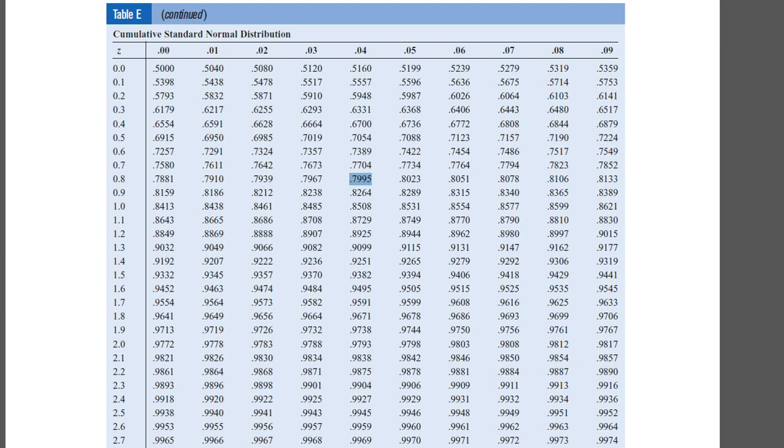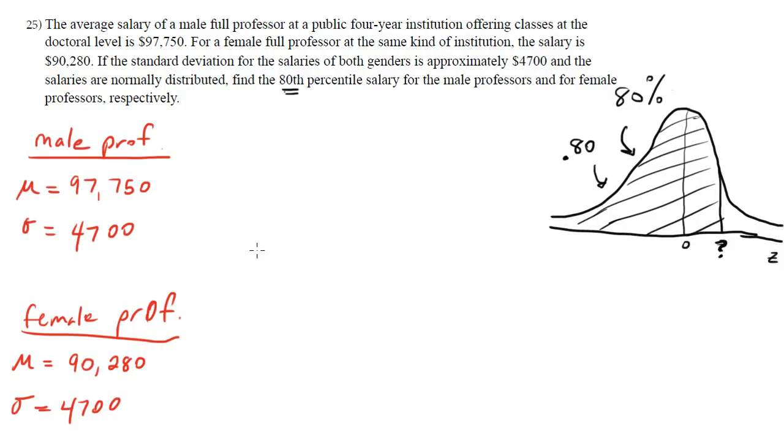So if I go back, this Z value here we just determined is 0.84. That's the Z value we'll use to determine the actual 80th percentile salary for male professors and for female professors. So again, we're using the Z-score formula: Z equals the value minus the mean divided by the standard deviation.